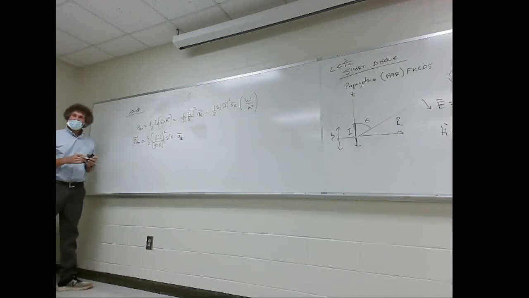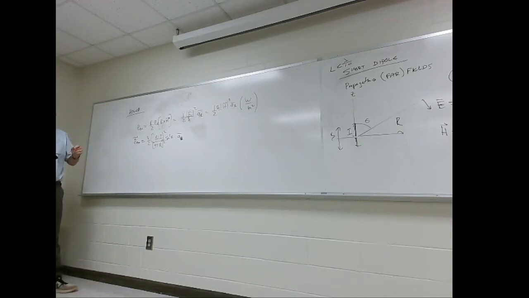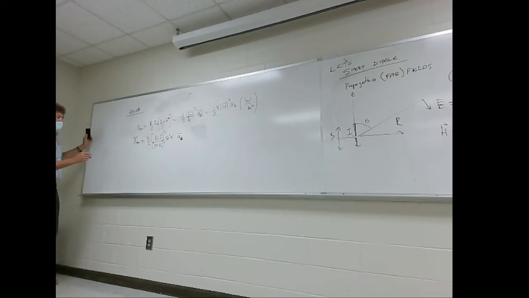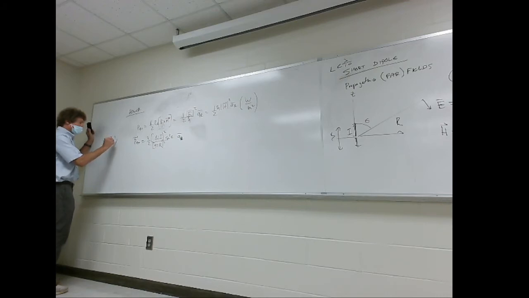So if I have this here, I'm going to play a little game to see how we can do it. I'm going to take a look at this stuff right here just for a second. And when I do that, I have eta over 2, and I have beta squared L squared I squared. Then I have 4 pi squared.